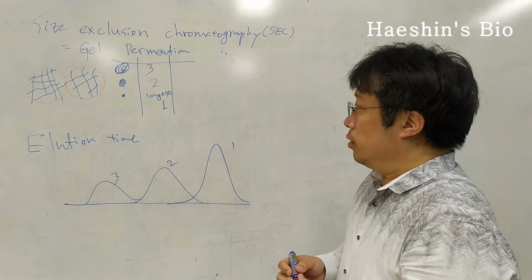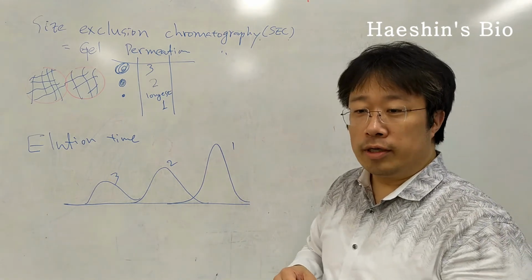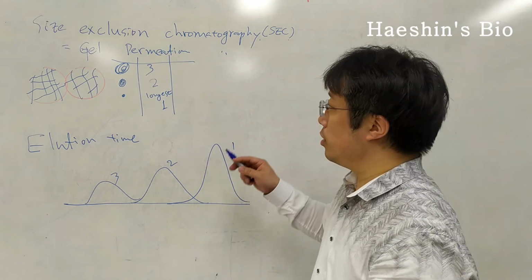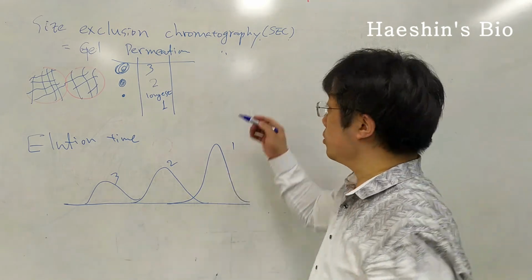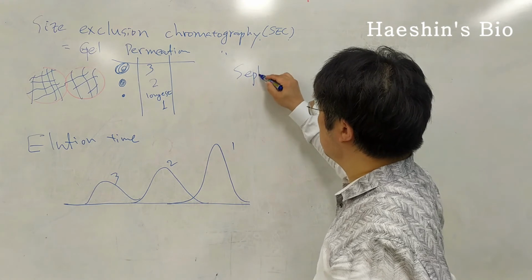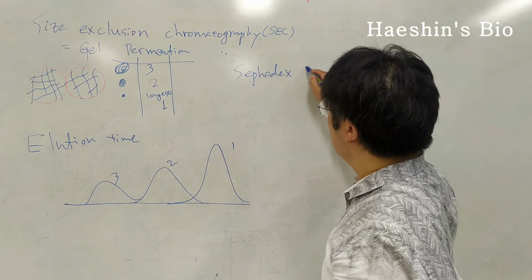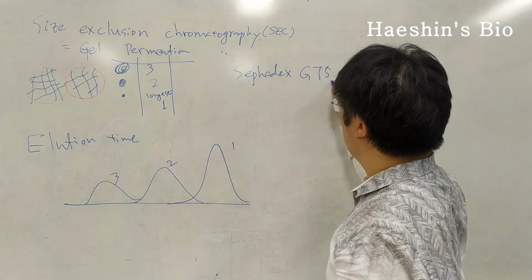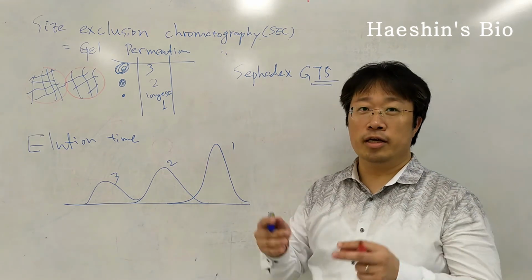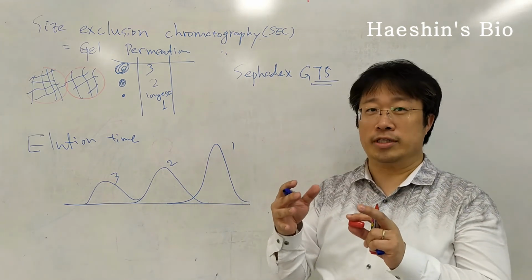But you have to think about it in a different way. As I mentioned before, the case I showed in the real demonstration was Sephadex G75. The 75 indicates something about the pore size.